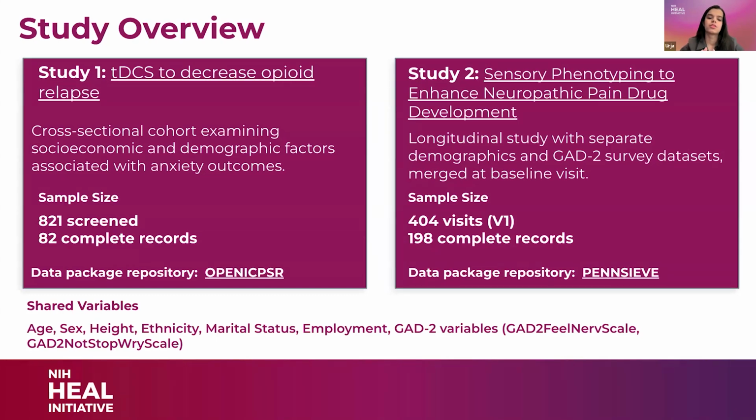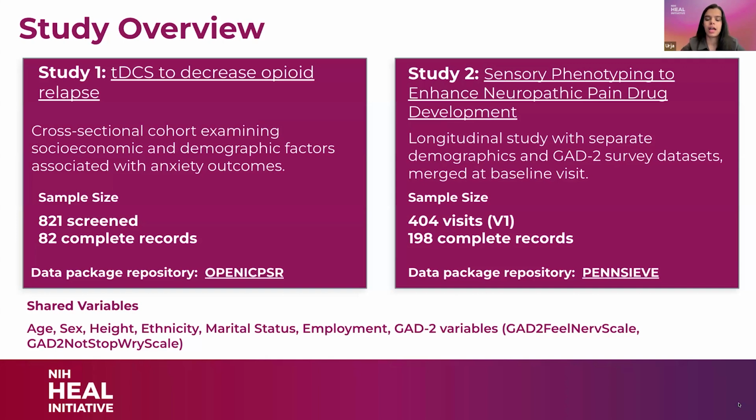The two studies we worked with were completely different. The first study was a cross-sectional cohort focused on sensory phenotyping in neuropathic pain patients. We had screened 821 participants, and out of them, only 82 complete records were found. While the second one is more of a longitudinal study on using tDCS to reduce opioid relapse.